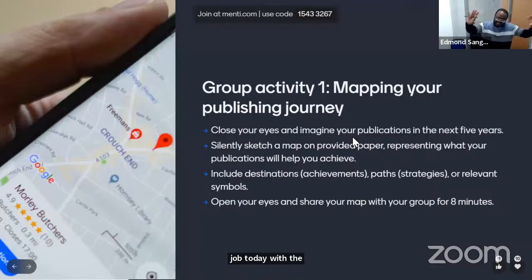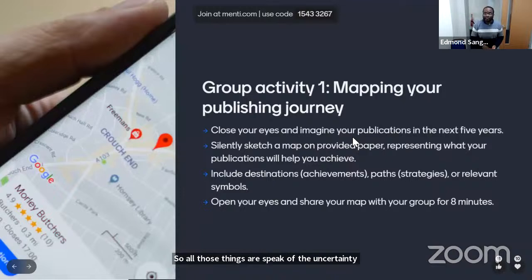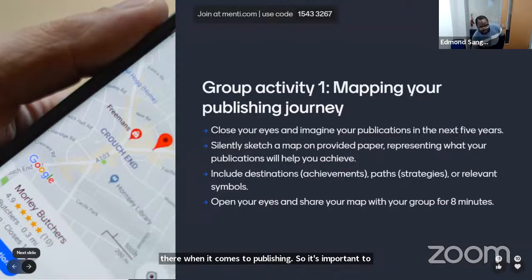So all those things speak of the uncertainty that is there when it comes to publishing. So it's important to keep the aspect of uncertainty in mind when you're developing your publishing strategy.